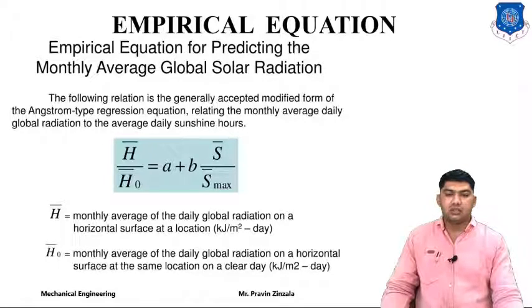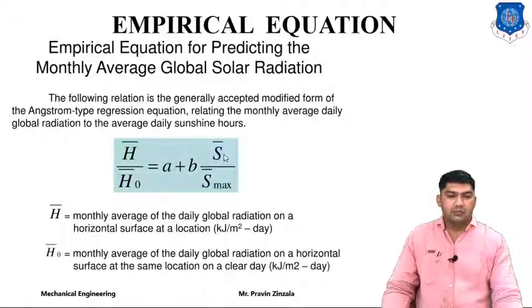So this is the ratio of monthly average daily global radiation on a horizontal surface at a location to the monthly average daily global radiation on a horizontal surface at the same location on a clear day, which is equal to a plus b times S dash divided by S maximum.